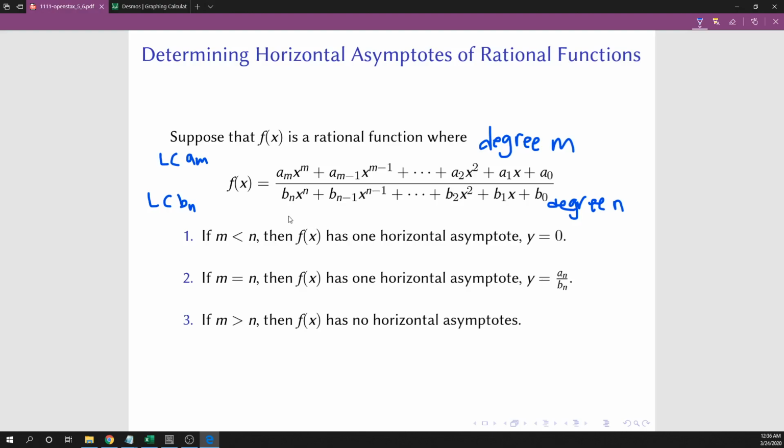If you remember when we talked about end behavior of a polynomial function, what I said was that it's completely controlled by the leading term. So this polynomial's behavior as you go really far to the right or really far to the left is controlled by the leading term.